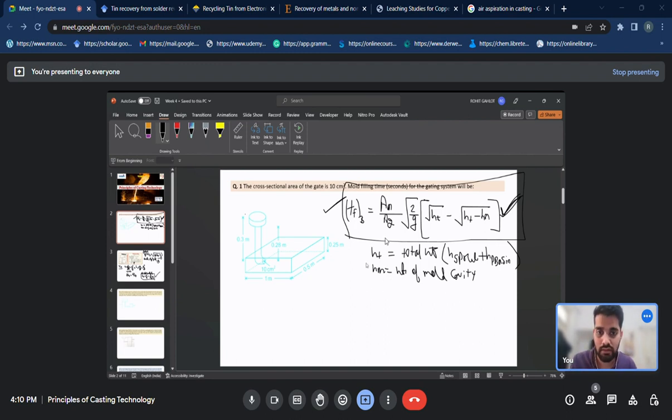Anyone who gets the final answer, we can try this. From the figure, you just need to put the values in the formula and then find what the filling time will be for this bottom gating system.